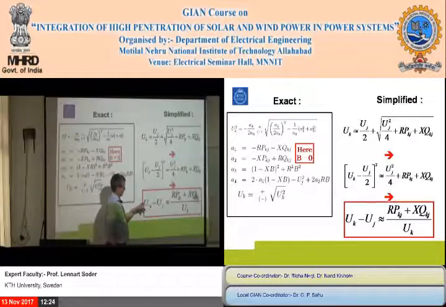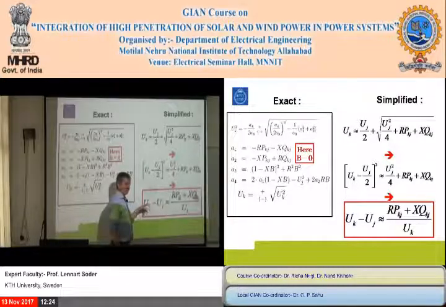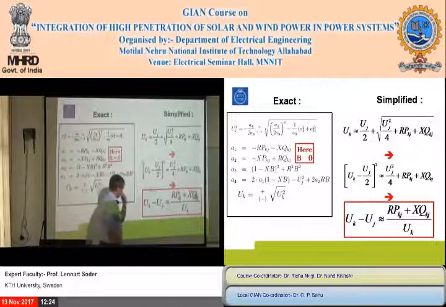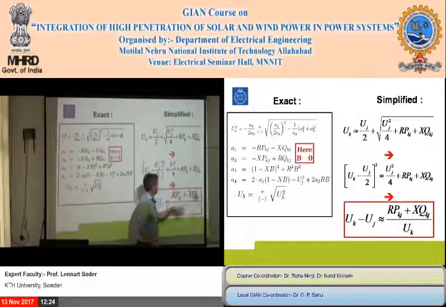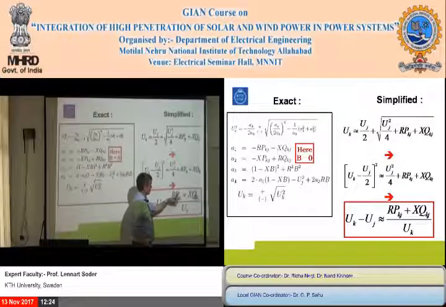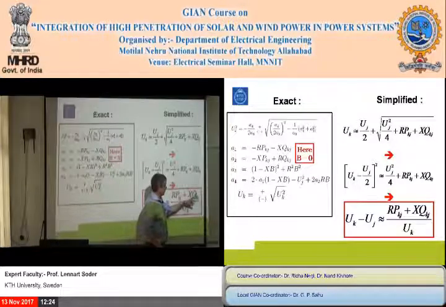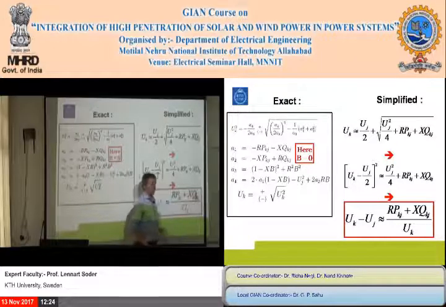So this should not then be more than, let's say, 10% if we can accept 10% voltage drops, or 7% or whatever you have. So this is the voltage drop we have. And this can be calculated in this way: the resistance of the lines times the active power, plus the reactance of the line times the reactive power.